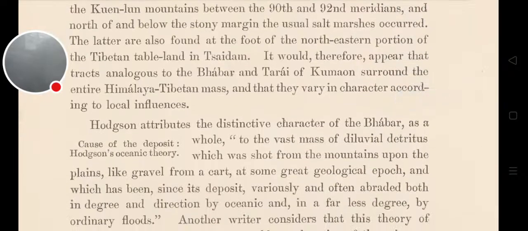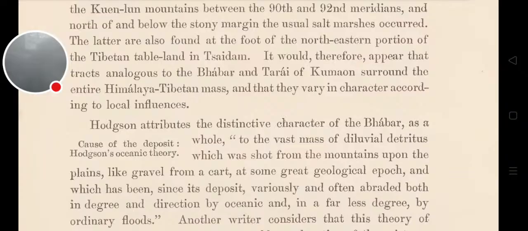The latter are also found at the foot of the northeastern portion of the Tibetan tableland in Saidam. It would therefore appear that tracts analogous to the Babar and Tarai of Kumaon surround the entire Himalaya Tibetan mass and that they vary in character according to local influences.